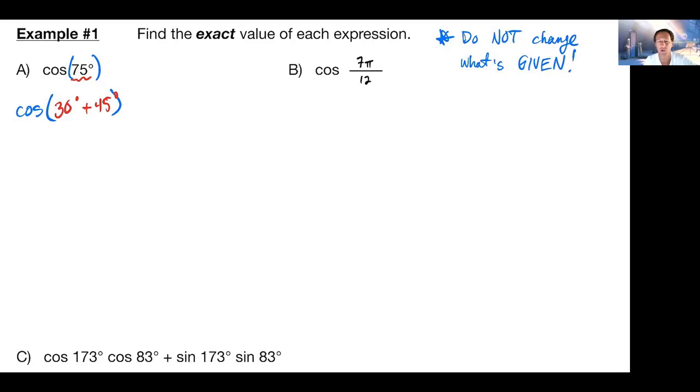We're looking at all those special things I harped on at the beginning of this class called reference angles, the 30s, the 45s, and the 60s, and all the multiples of them all the way around in quadrants 1, 2, 3, and 4. We're going to use all of those. I'm just starting you off with something easy for example 1. So once you have that, you're pretty much done. You've rewritten the 75 as two things that you do know how to evaluate.